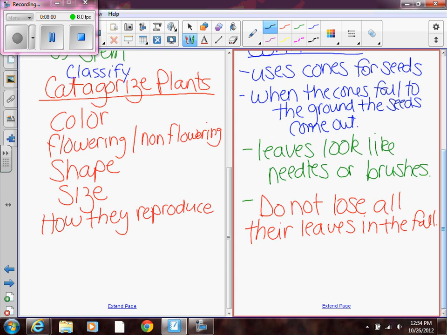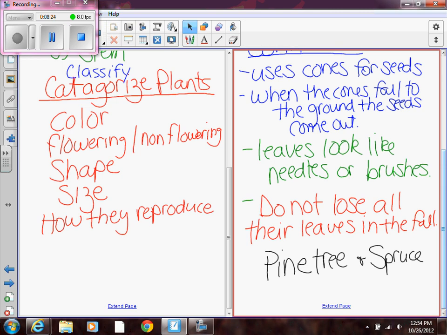Not bushes. Mason? Pine and what else? Pine tree and what else? There's one other one. Sophie? Spruce. Okay, so those are two examples of coniferous trees. Moss is very different and ferns are very different.